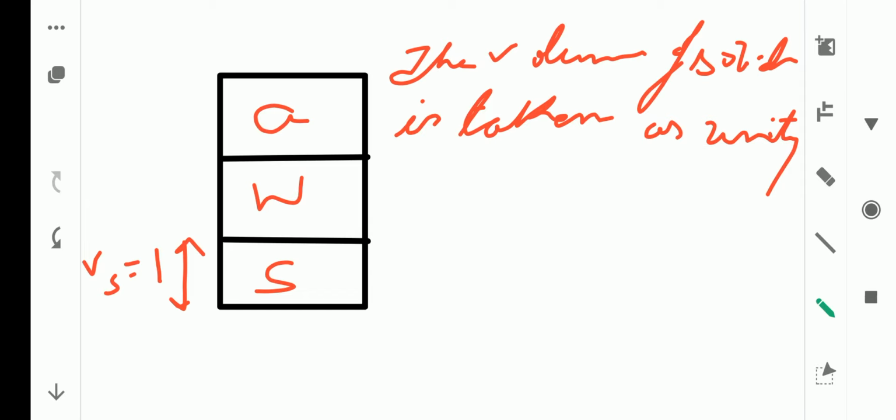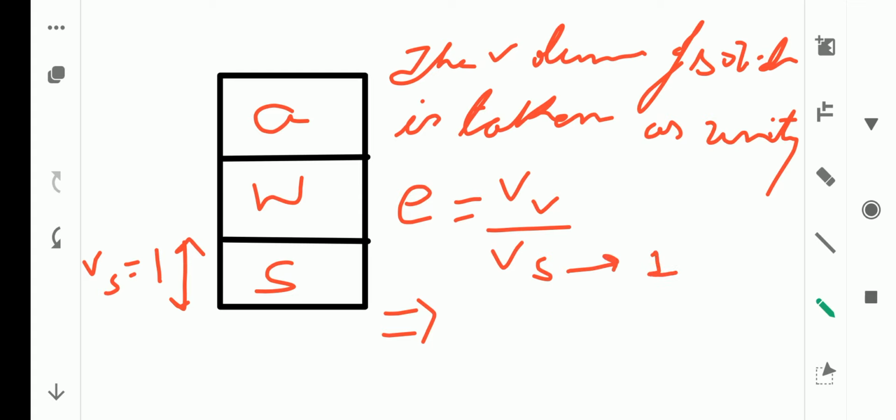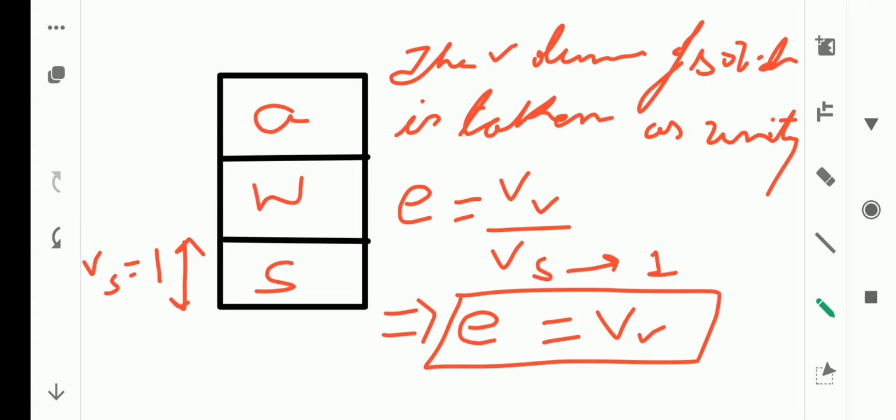Can you tell me what will be the void ratio? We know that void ratio is equal to volume of void divided by volume of solids, but we have assumed that volume of solids is 1, hence void ratio will be equal to volume of void. So volume of void will be equal to e, correct?